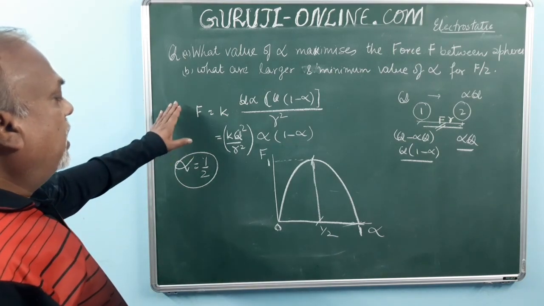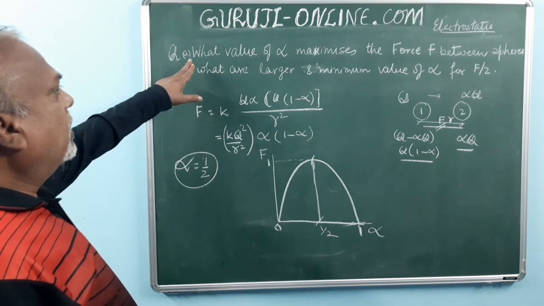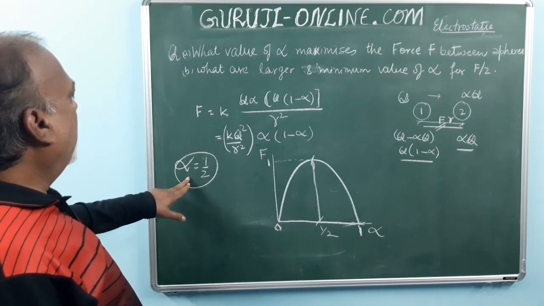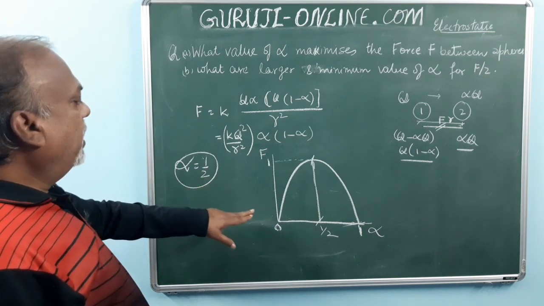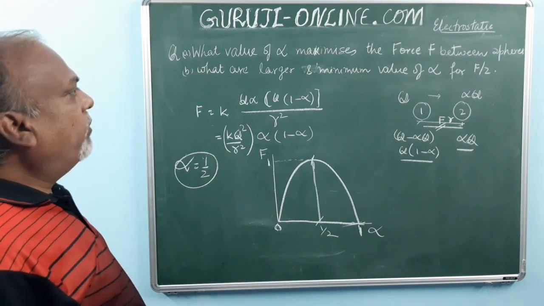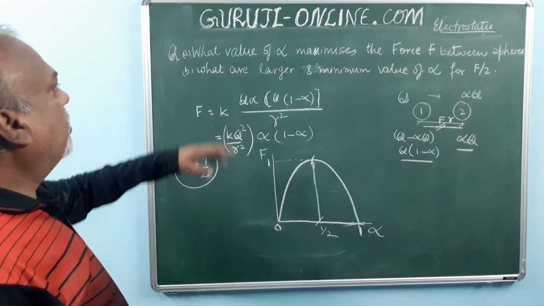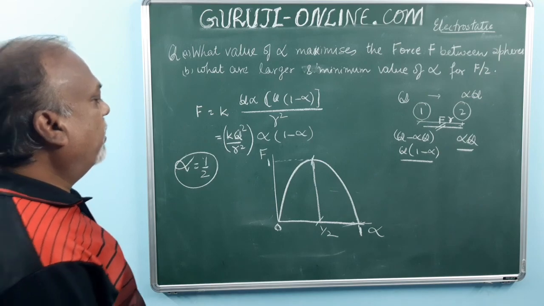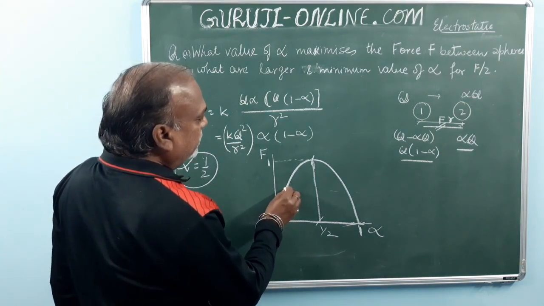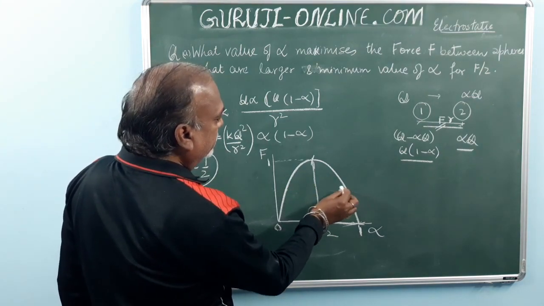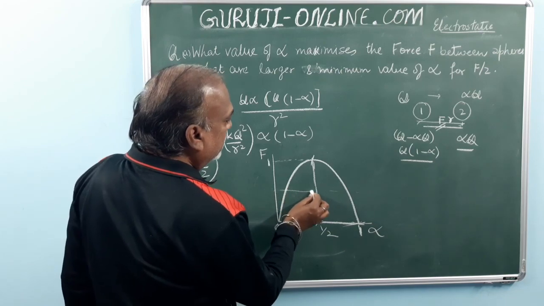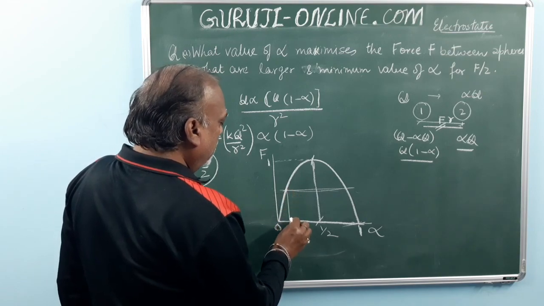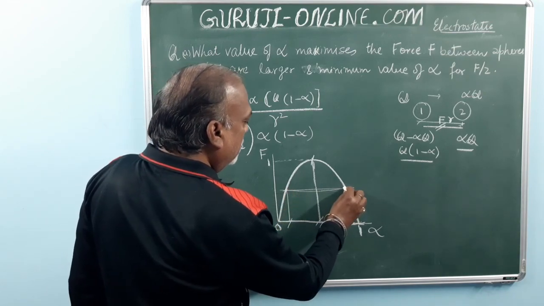Now for section A, alpha has to be 1 by 2 for giving the force as maximum. But what are the larger and minimum values of alpha for F max by 2? So basically these values we have to find out.